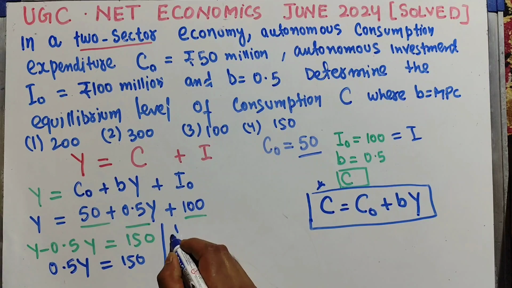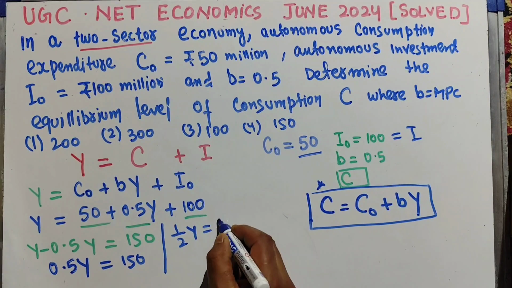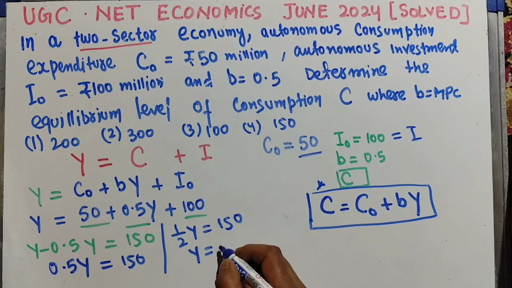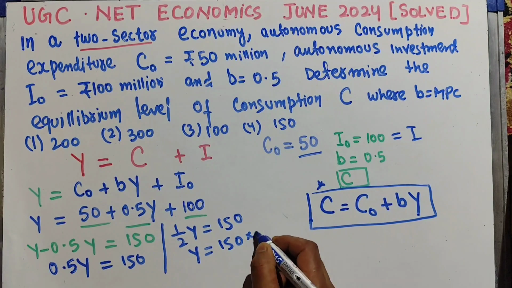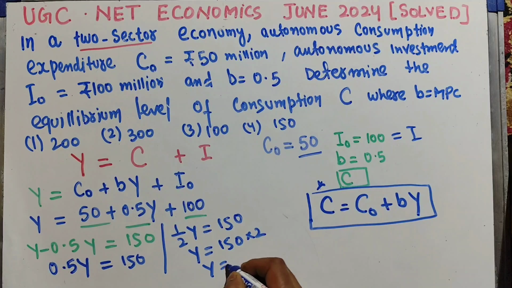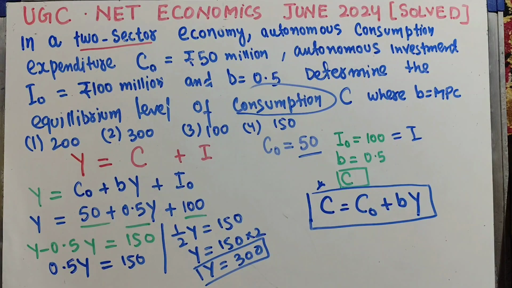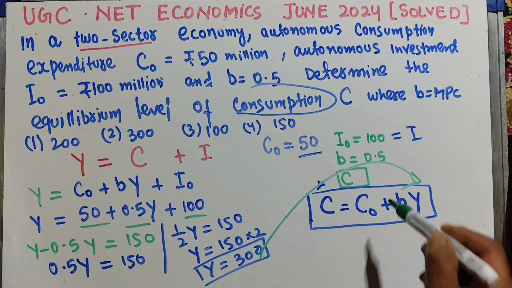0.5 can be written as 1 upon 2, so y over 2 is equal to 150. Transposing, we get 150 into 2, so the equilibrium level of income is equal to 300 million in this economy. But we are supposed to find the equilibrium level of consumption. Now we plug the value y equal to 300 into this equation.